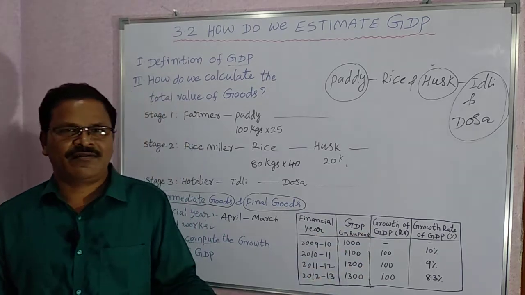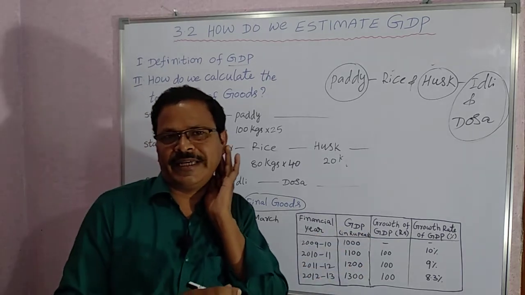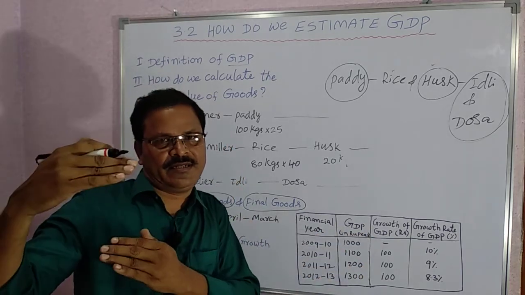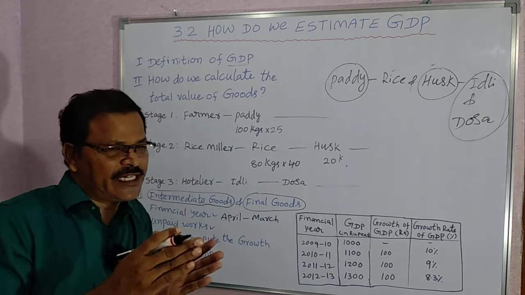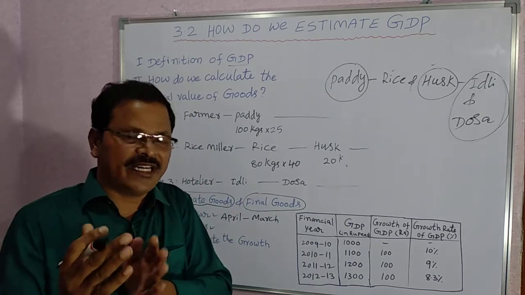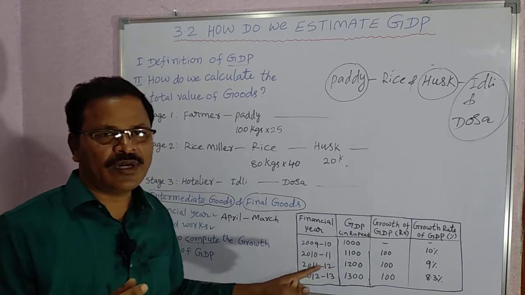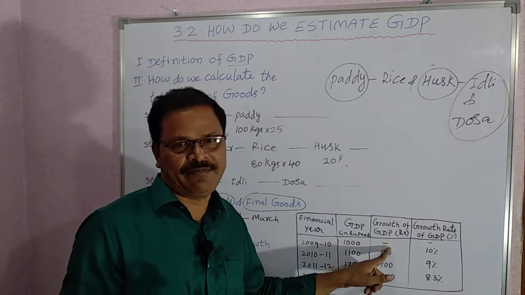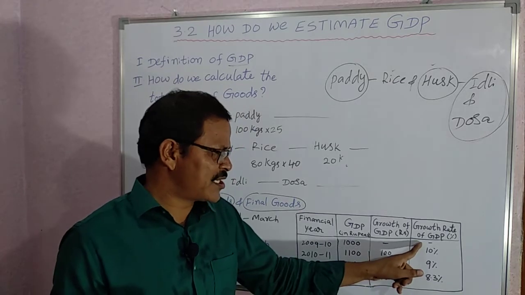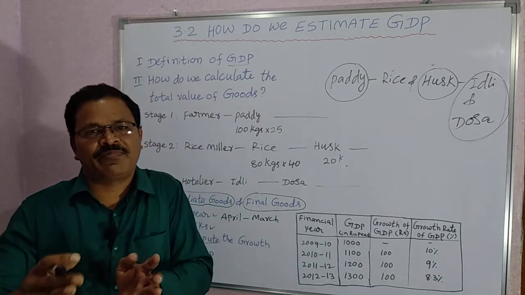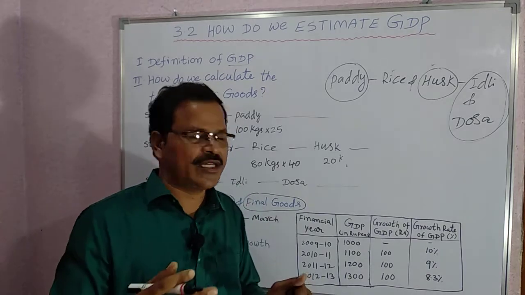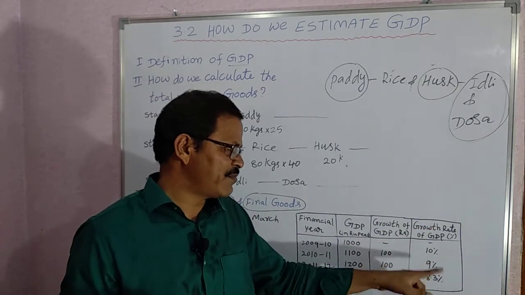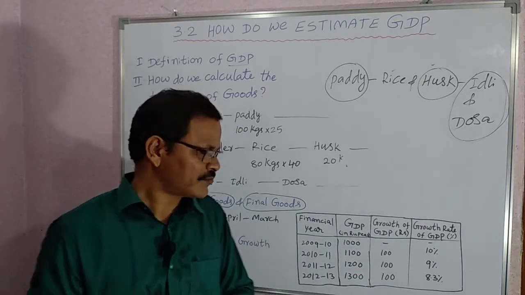We can't say what the growth is here, because the GDP of the previous year is not mentioned. So we can't say the growth or the growth rate of GDP.